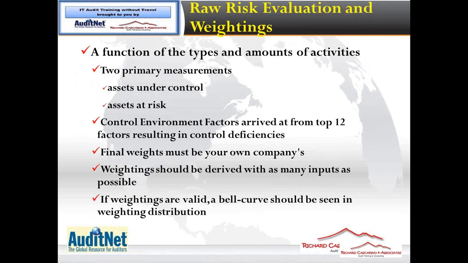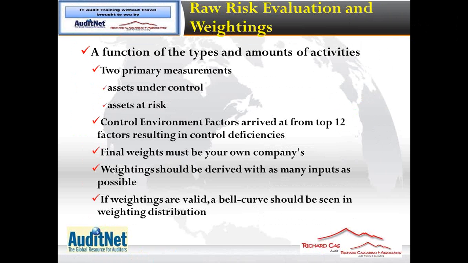So how do they come up with the raw risk and the weightings for those risk factors? Well, the raw risk itself is a function of the types and the amounts of the activities themselves. And there are two major considerations that are normally taken into consideration.